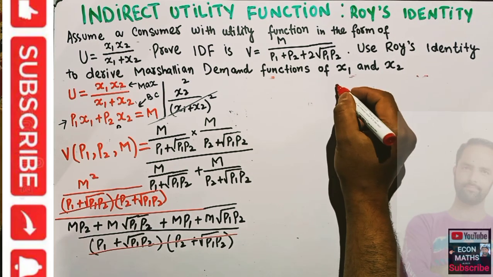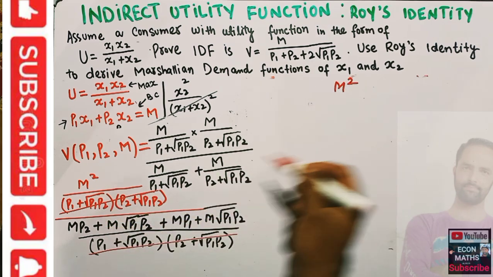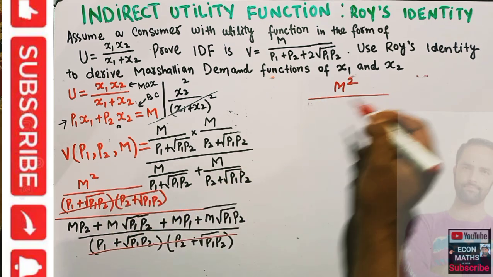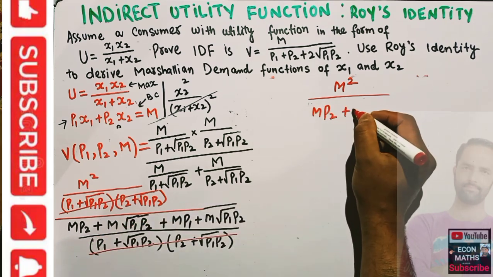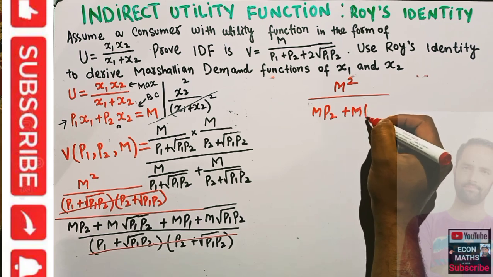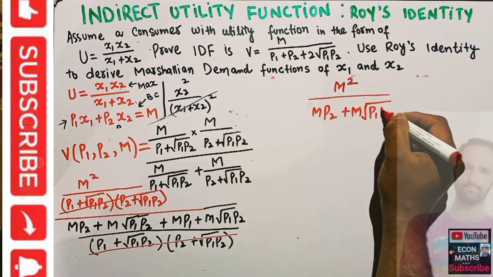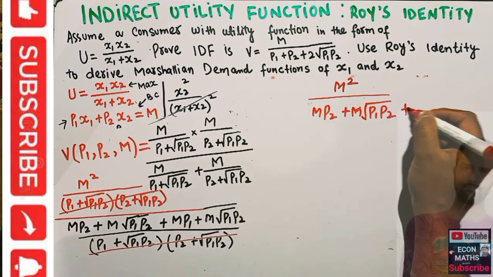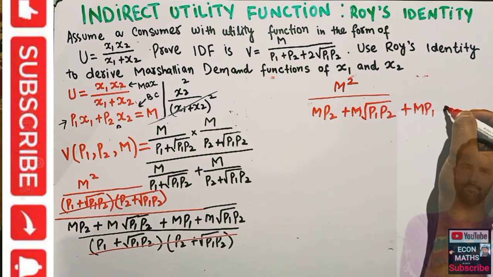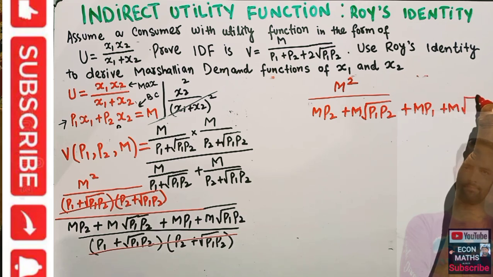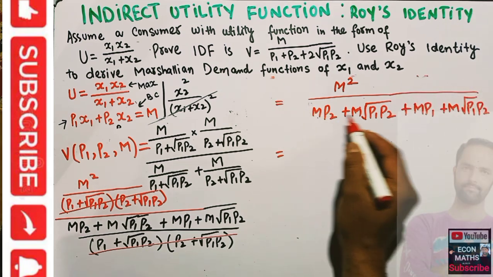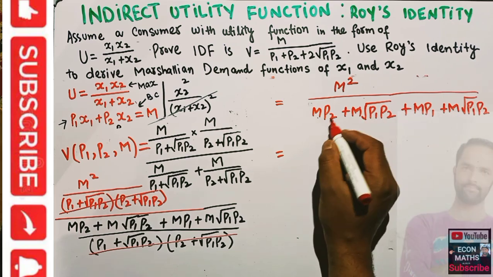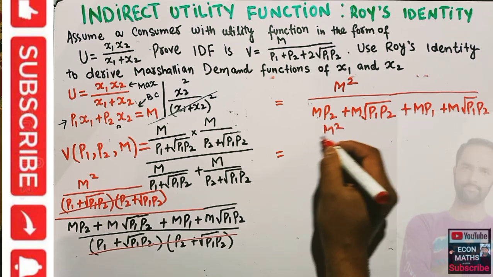So we are left with m square divided by m times p2 plus m times under root of p1 p2, plus m p1 plus m root p1 p2, okay. Solving this, we can take m common first.